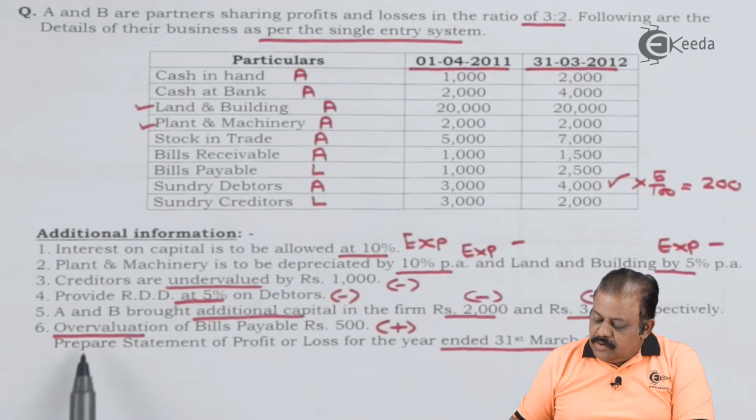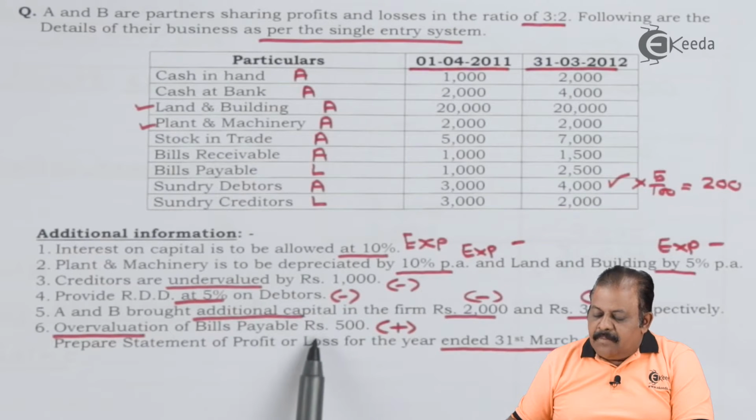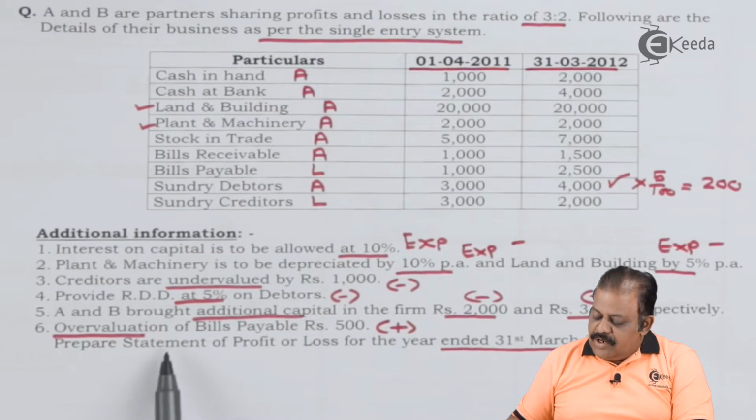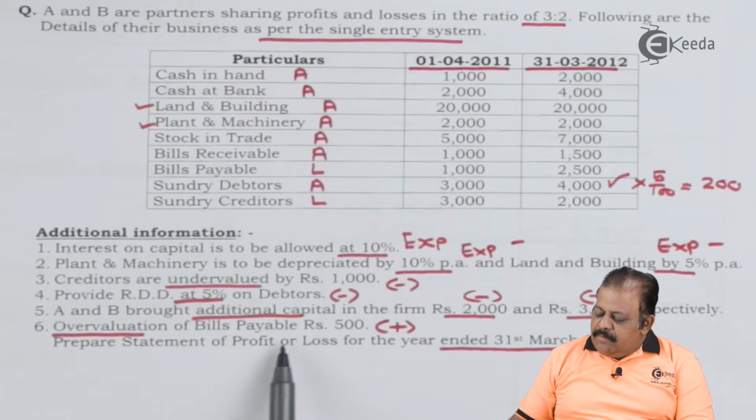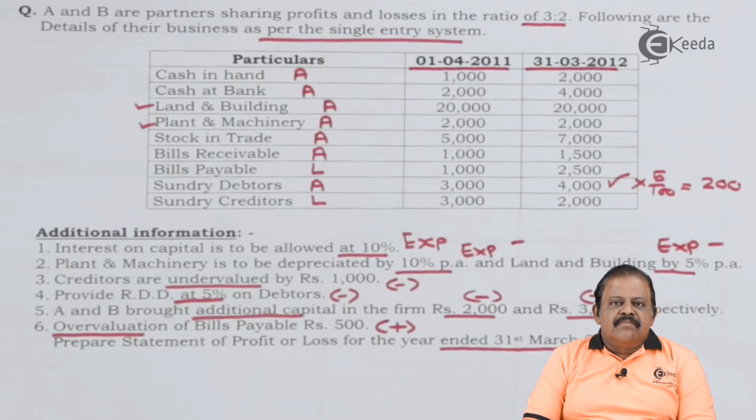Adjustment number 6, overvaluation of bills payable. Overvaluation of liability after adjusting results in reduction of liability, that is gain for the business. Overvaluation of bills payable rupees 500. Liability is overvalued. After correction, it will result in reduction of liability, which is in turn gain for the business.